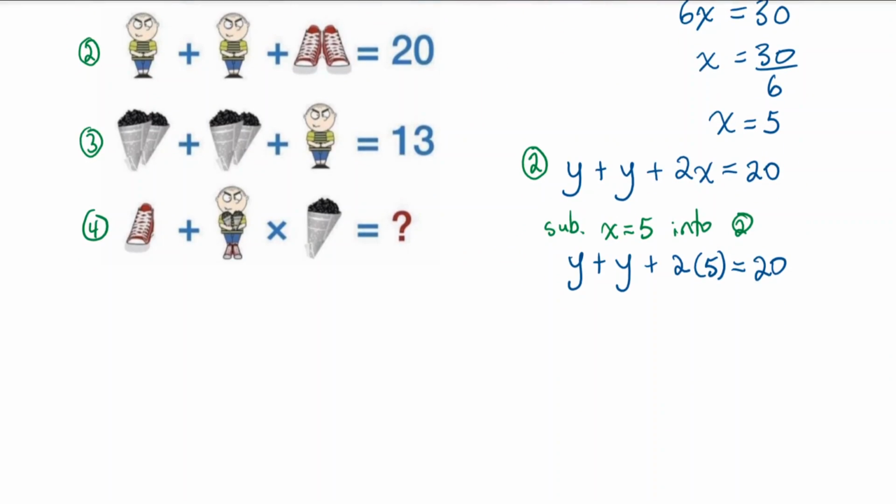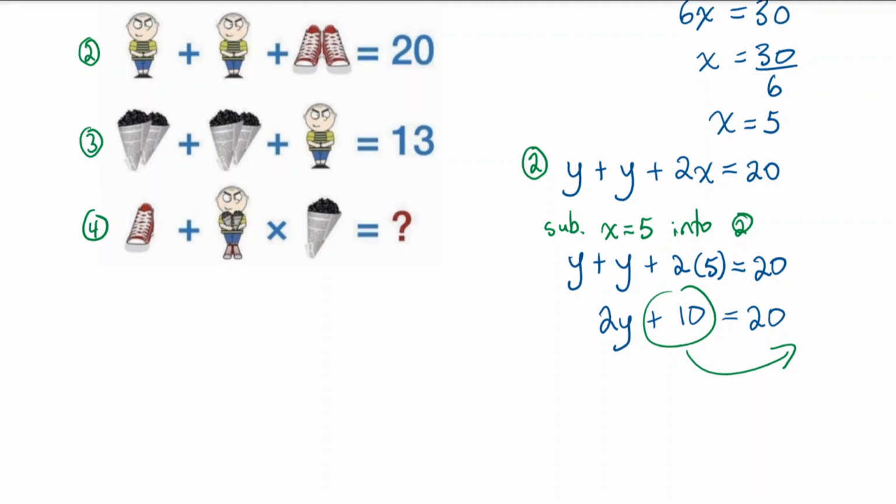So y plus y is 2y, right? Because you assume there's a 1 in front of each of these. So 1y plus 1y is 2y. And 2 times 5 is 10, equals 20. So let's bring this 10 to the other side.